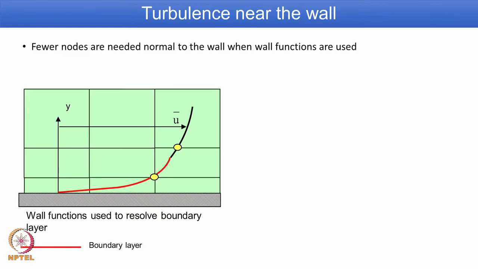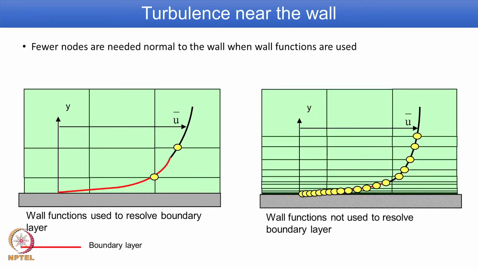Fewer nodes are needed normal to the wall when wall functions are used. So, you can use the first point defined as shown here, very close, and you can relate the physics at this point with the wall, or the region between the first point and the wall. The physics associated with that region is represented by what is known as a wall function.